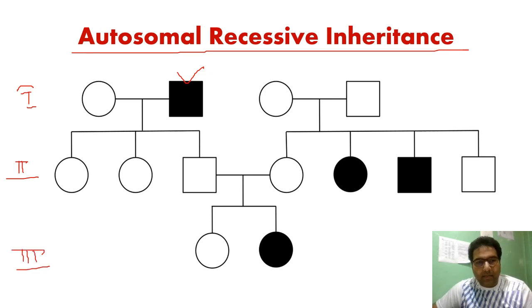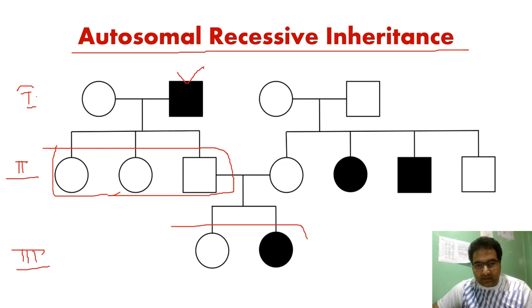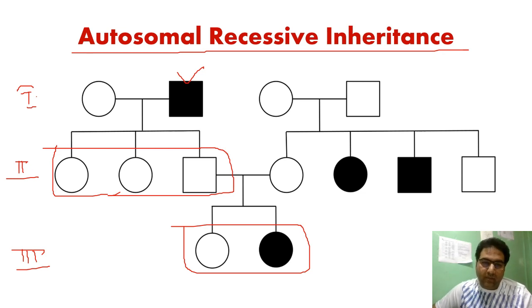The disease is present in generation 1, but it is not present in generation 2, yet it is present in generation 3. It means the trait skips generations.